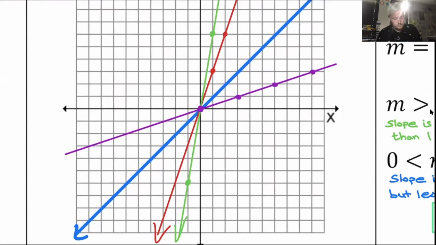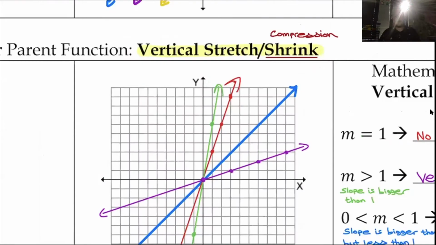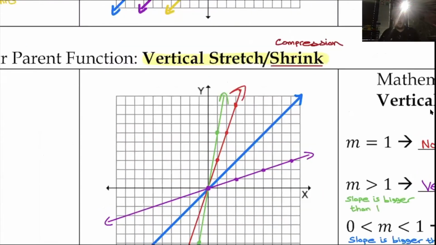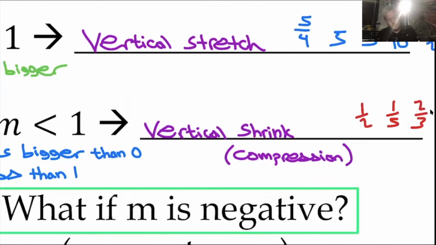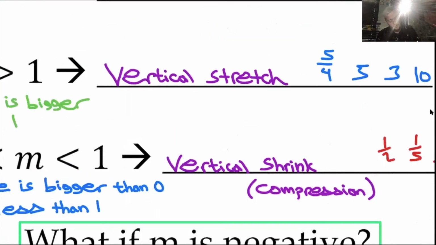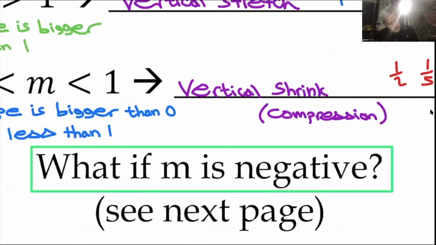All right, so there's the arrows. Now this shrink is actually what we call getting flatter. So a stretch is actually getting steeper, whereas a shrink is going to get what we call flatter.